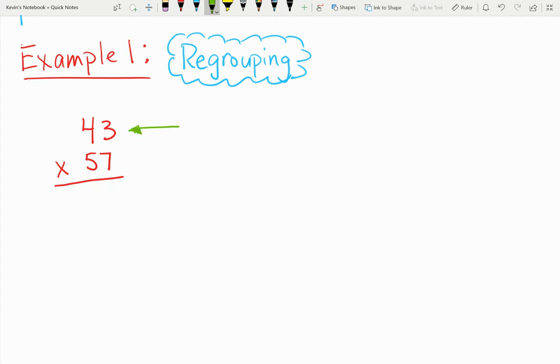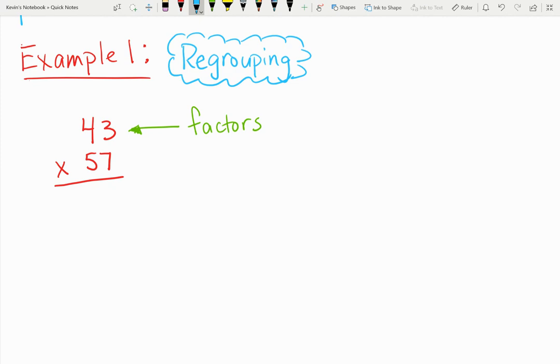The numbers you multiply together in a problem, remember these are called factors. For example 1, I'll do different colors. These are our factors. We're going to multiply our two factors to get our product. And remember, product is the answer to a multiplication problem.